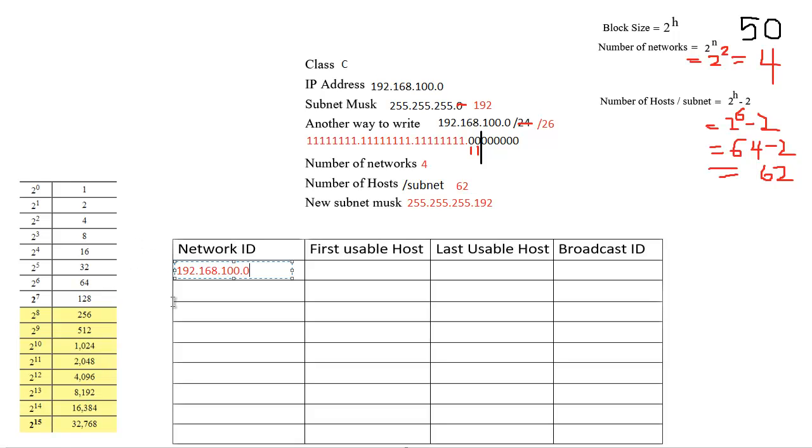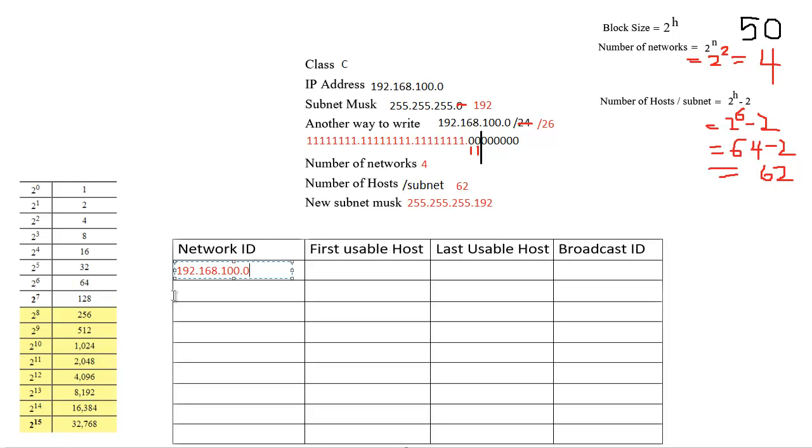So now the question is, what is our next network ID? To get the next network ID, we have to find the block size. Block size is the total IP addresses in each subnet. So how many total IPs do we have in each subnet?